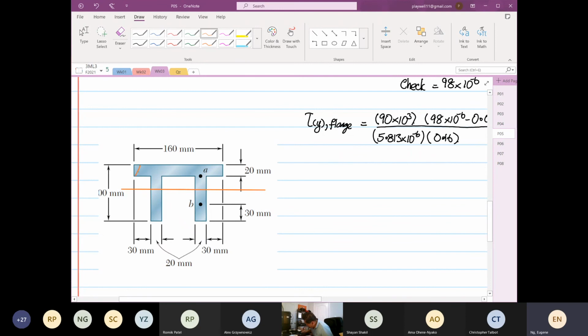So we have done here. Next, we are going to do here. So this will be from 0 to 0.015 meters. I'll call this our top web, and the bottom one I call the bottom web.